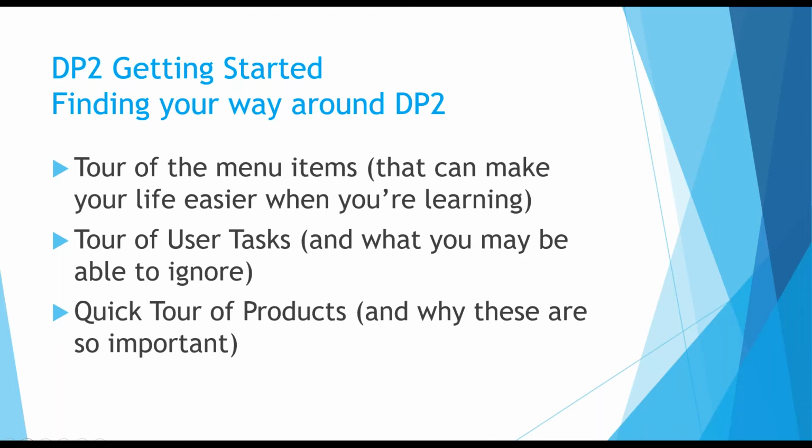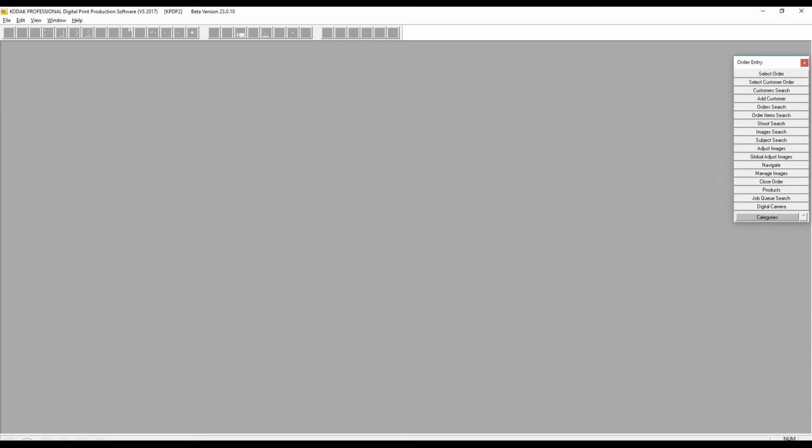By way of introduction, I want to take a quick look at 3 different states in which new users tend to find themselves. The first is I'm going to learn how to use DP2, and I open it up and there's pretty much a blank screen. Where do we get started and how do we do that?